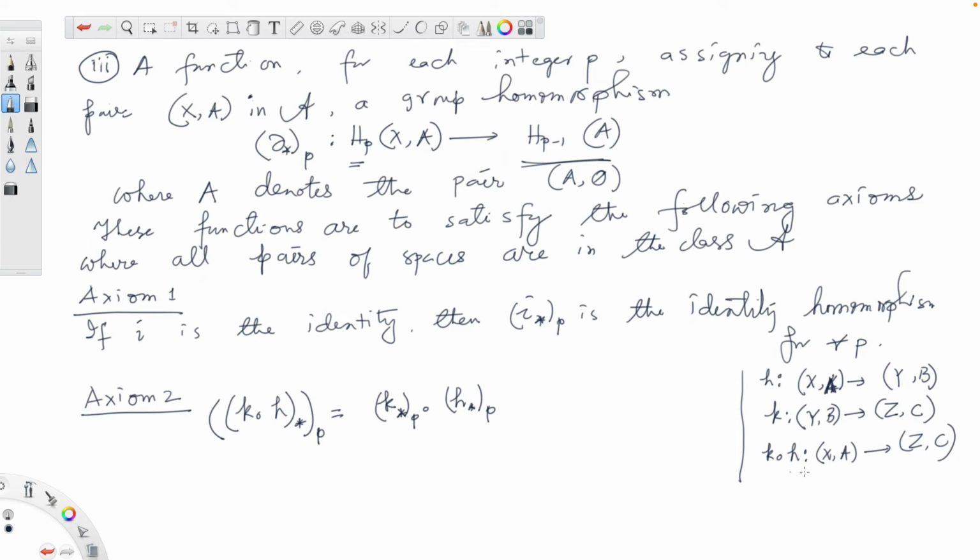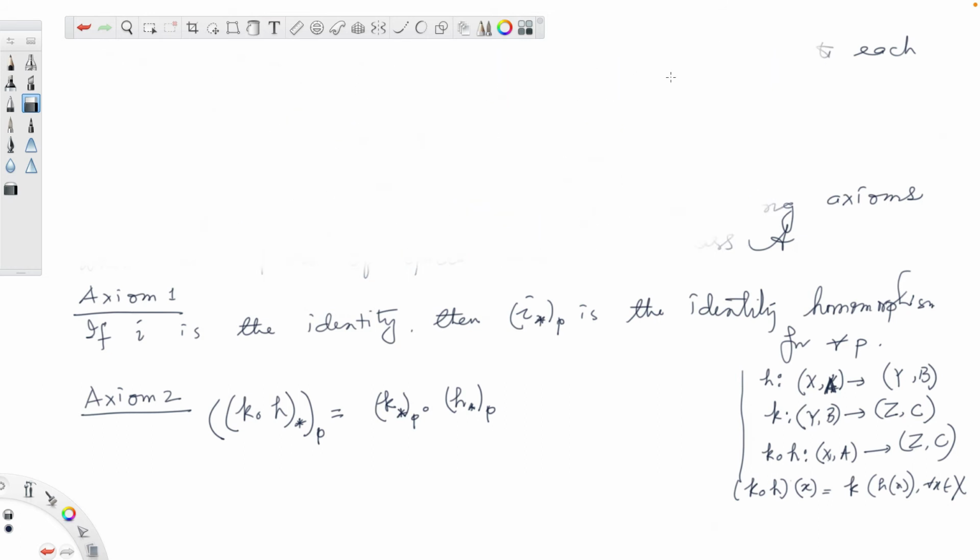Here this is defined in the usual way. This acting on a point X of this topological space X is defined as K of H of X for all X in the topological space big X. Okay, so this is the second axiom.